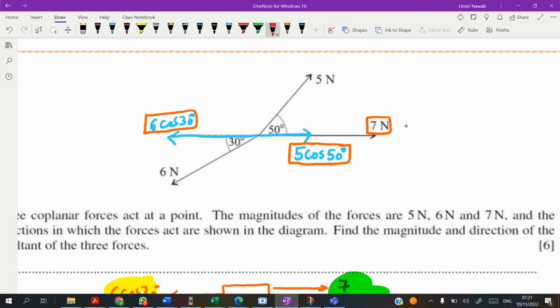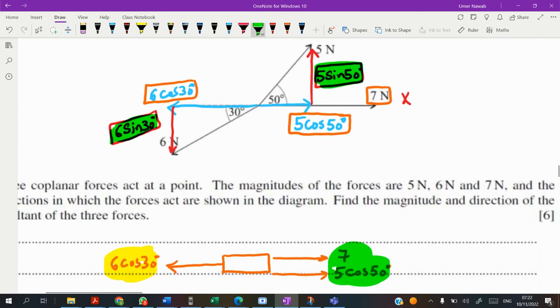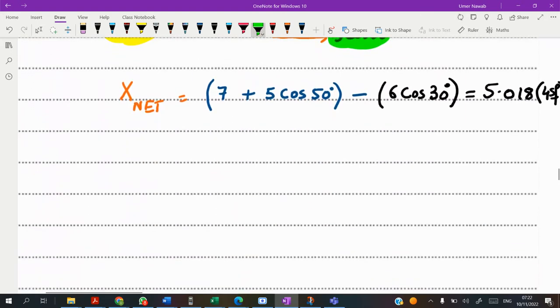This 7 Newton force has no y component because it is not acting along the y-axis. However, for the 5 Newton force, this is the y component, so I will write it as 5 sine of 50 degrees, and for this force, 6 sine of 30 degrees. So there are two components. One force is acting upward and the other one downward.